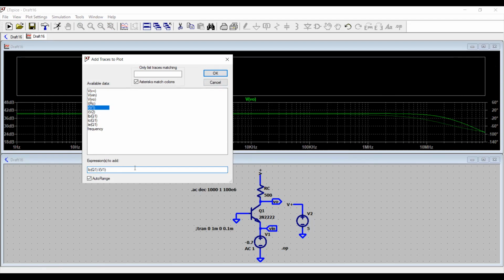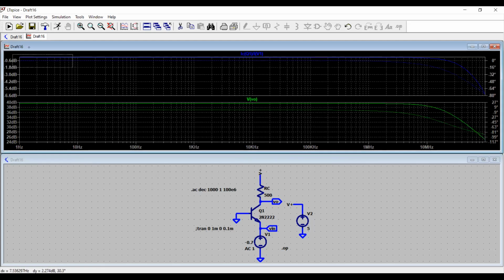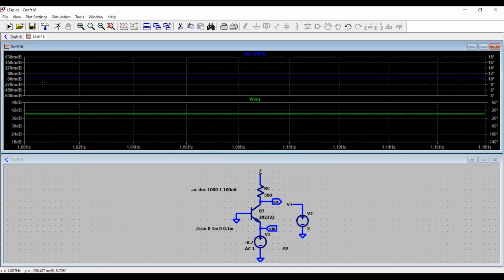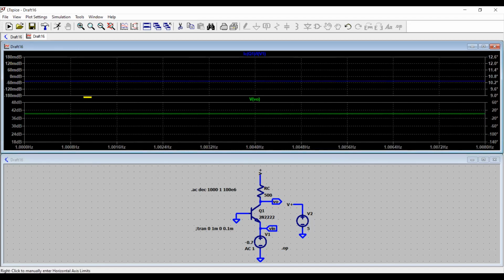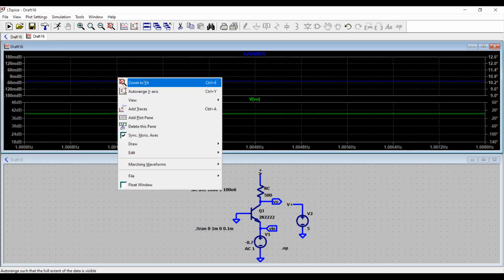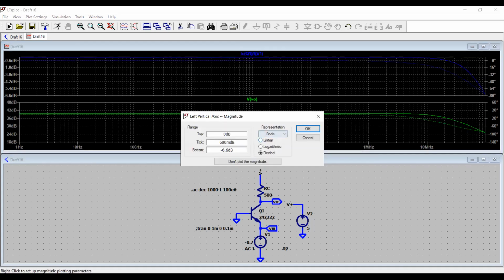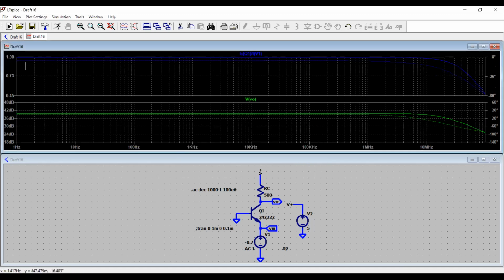I have to use the division. Let's do that. Yeah, so it's almost one and the same thing, and the output is minus 90 milli dB. So it's approximately 0. If I right click here, then I will use linear. So I get the gain of 1.